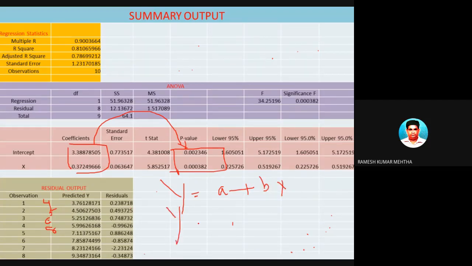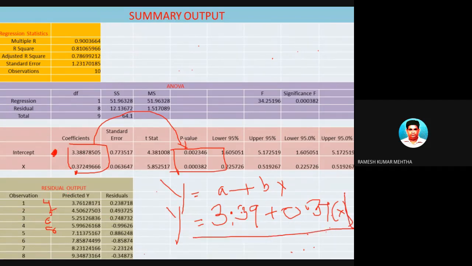Here a is nothing but the intercept, which is constant, we call it. This is 3.39, rounding off, plus bx. b is the coefficient of x, which is 0.37, and x we can plug in some figures. So this is the model.